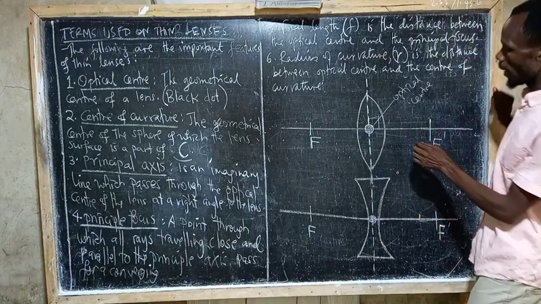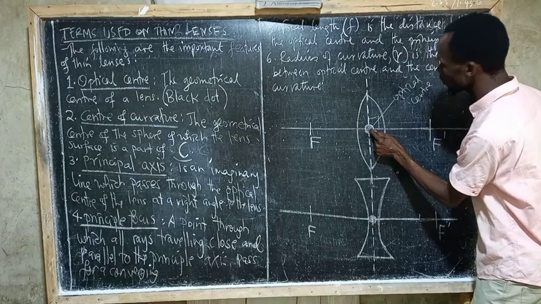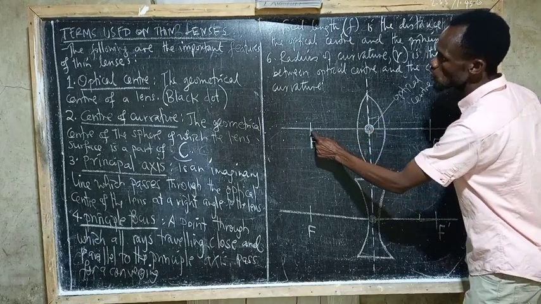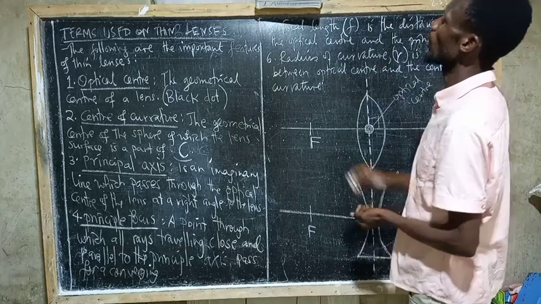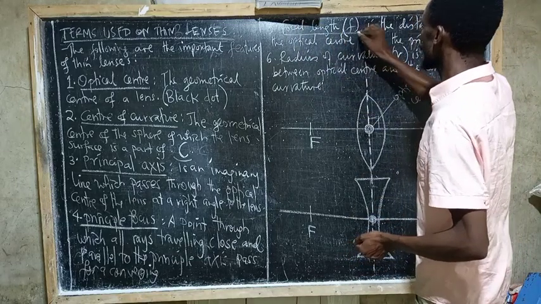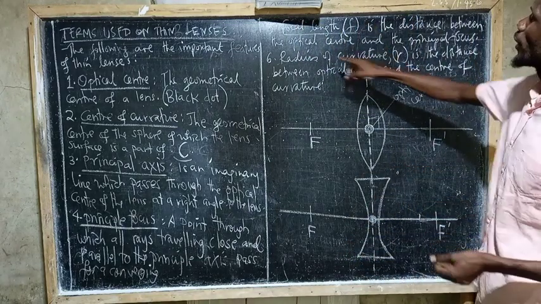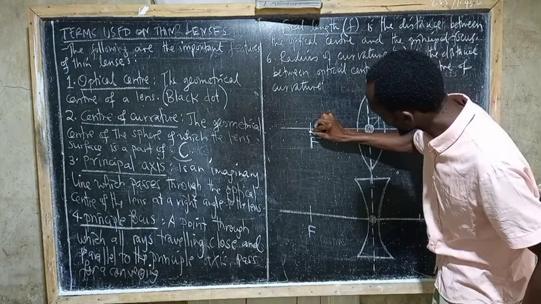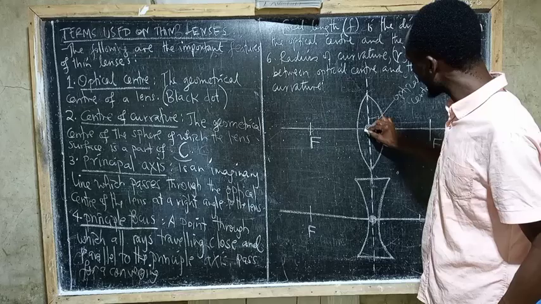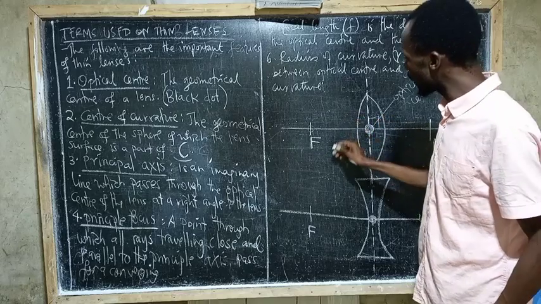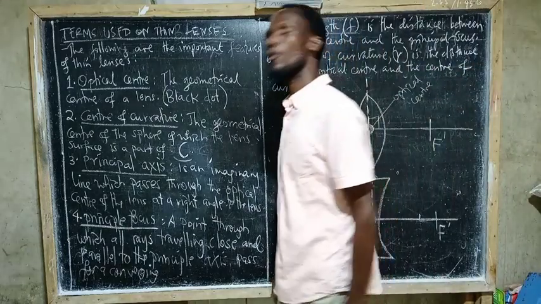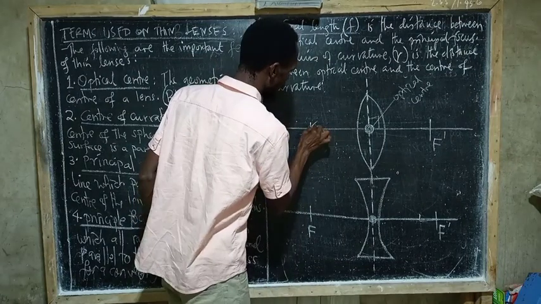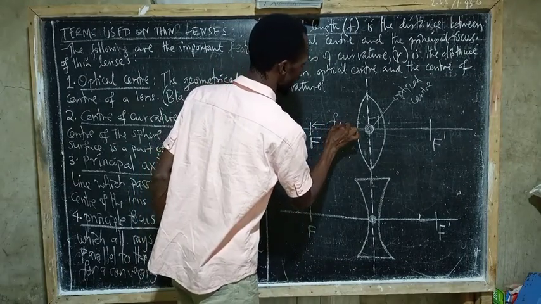Na unote kwamba distance ya kutoka kwenye optical center mpaka kwenye principal focus tunaita focal length. Is the distance between the optical center and the principal focus. Maanake kutoka hapa kwenye principal focus mpaka kwenye optical center, length ambayo iko hapo tunaita focal length, represented by small letter f.